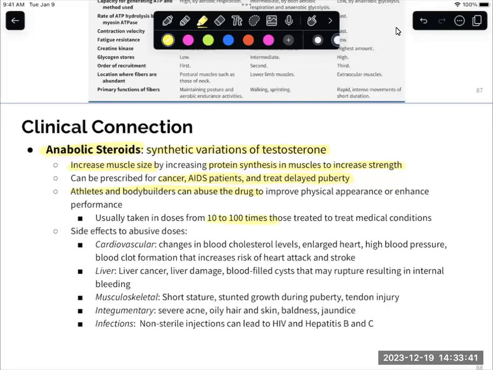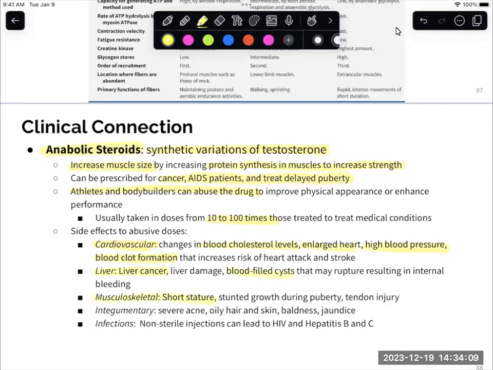There are a lot of negative side effects to these anabolic steroids when they're taken in such high doses. Cardiovascular: it increases your blood cholesterol levels, makes your heart larger, increases your blood pressure, and causes more blood clot formation. Forming blood clots can cause heart attacks and strokes. It can cause liver cancer and cysts to form.